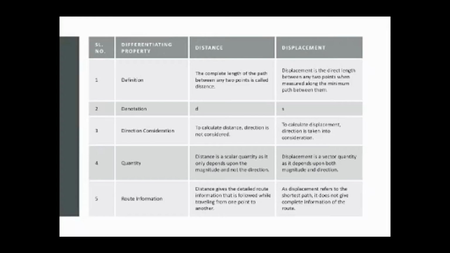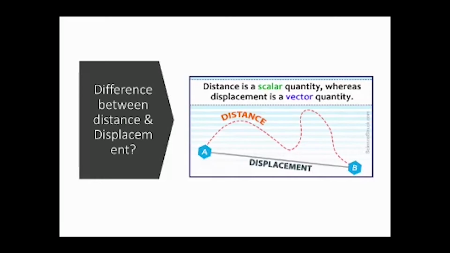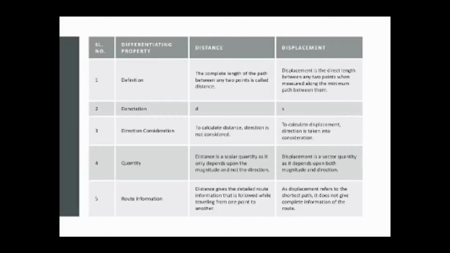To calculate distance, direction is not considered, as it is a scalar quantity. Whereas to calculate displacement, direction is mandatory because it is a vector quantity.